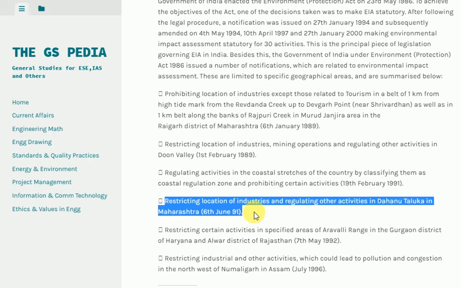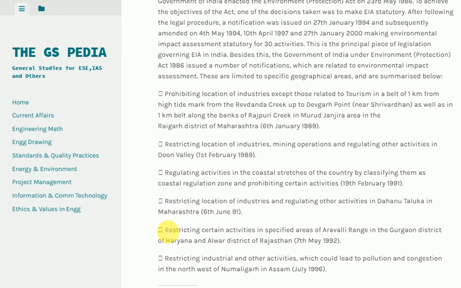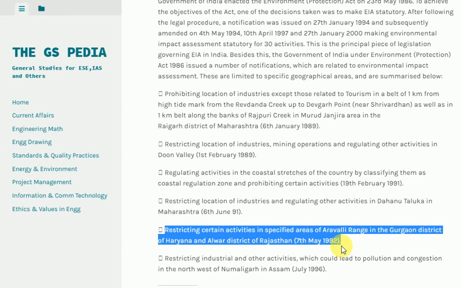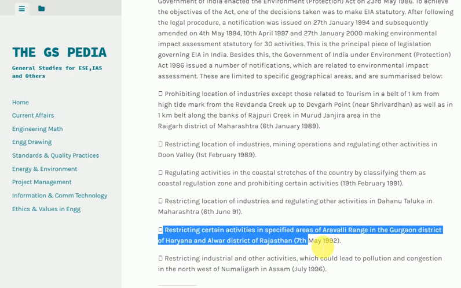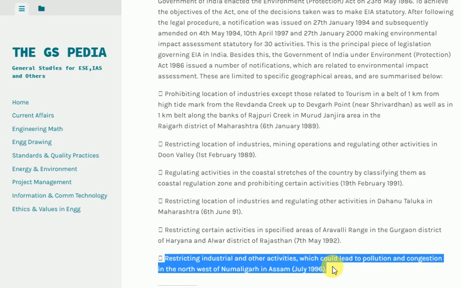Restricting location of industries and regulating other activities in Dahanu Taluka in Maharashtra, the 6th of June 1991. Restricting certain activities in specified areas of Aravalli Range in the Gurgaon district of Haryana and Alwar district of Rajasthan, the 7th of May 1992. Restricting industrial and other activities which could lead to pollution and congestion in the northwest of Numaligarh in Assam, July 1996.